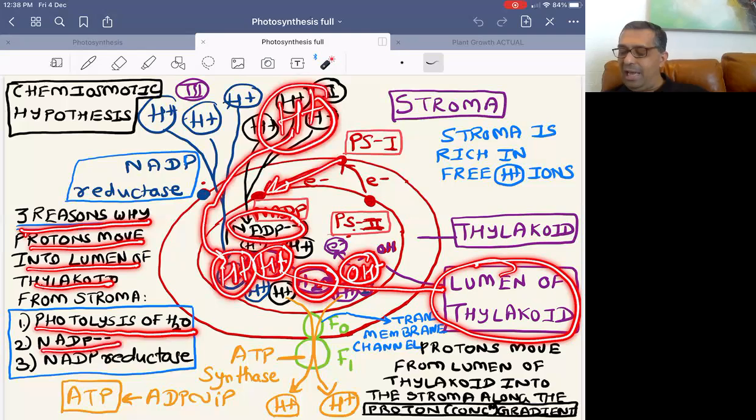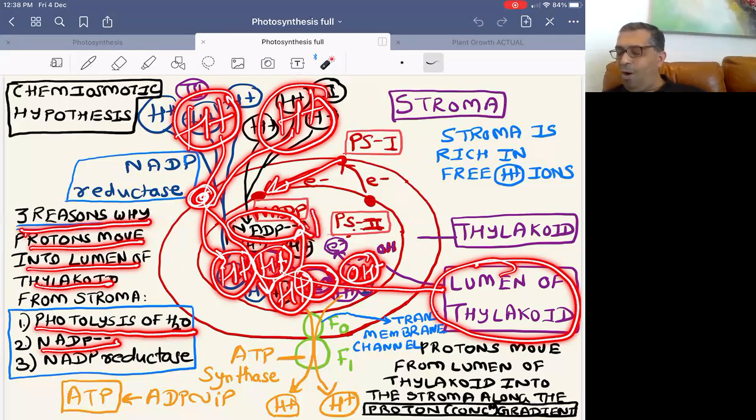And third reason, NADP reductase is found on the outer membrane. It will bring proton from the stroma into the lumen of the thylakoid, so it can combine with NADP minus minus and form NADPH2.